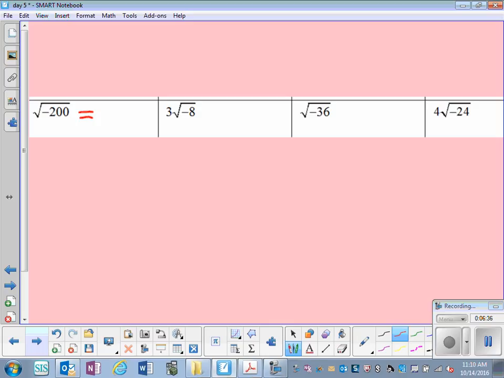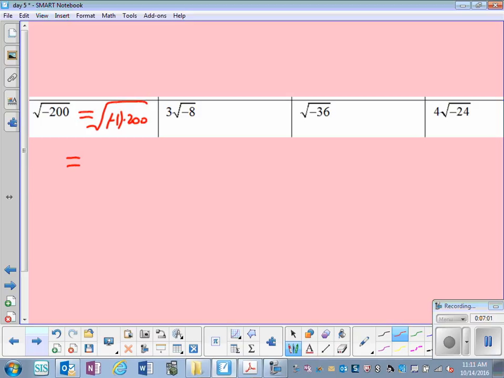So negative 200 is just negative 1 times 200, correct? So I can rewrite negative 200 as negative 1 times 200. So I can take the square root of negative 1 out of the radical. What is it? The square root of negative 1.